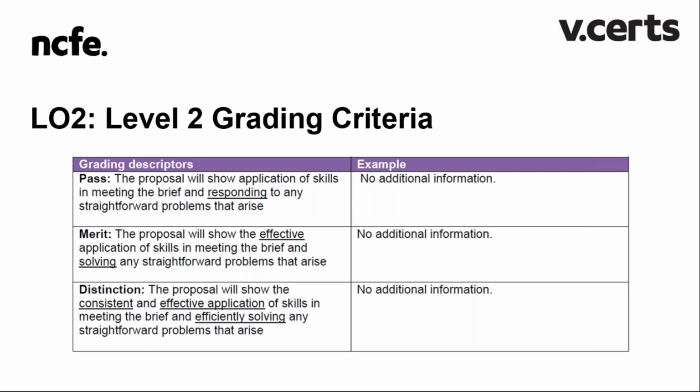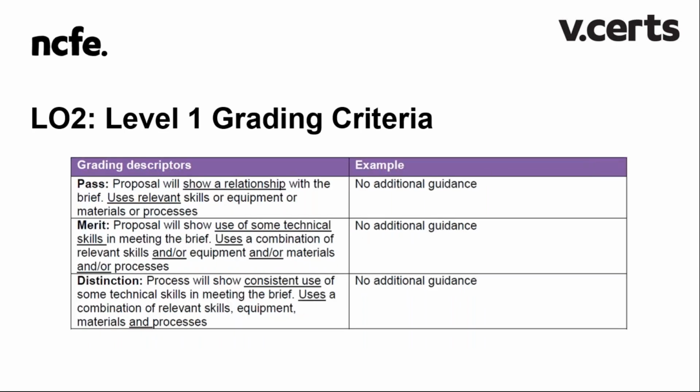And at this stage, learners will have an explanation of what a proposal is based on their work in learning outcome 1 and their own proposal in response to a given brief for this learning outcome 2. So it's two-part here with the same assessment points. And here we can see the level 1 assessment criteria.